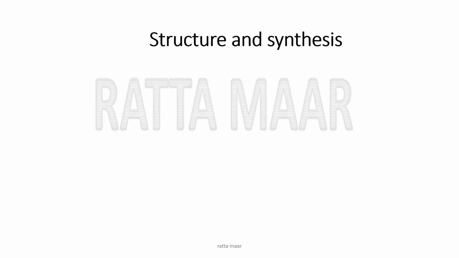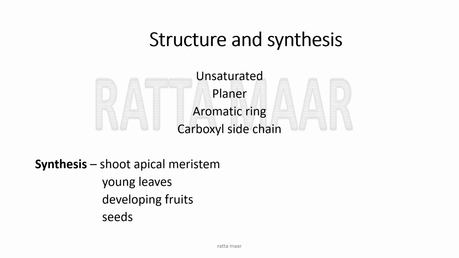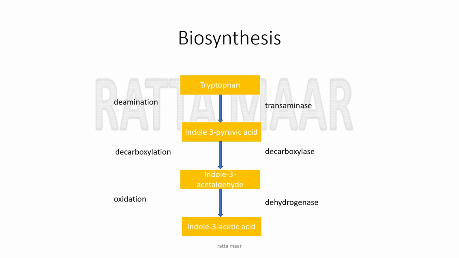Next, the structure and synthesis of auxin. Its structure is an unsaturated, planar, aromatic ring, and it has a carboxylic side chain. Now it is synthesized in the shoot apical meristem, in young leaves, developing fruits, and seeds. In the biosynthesis, it is synthesized from tryptophan.